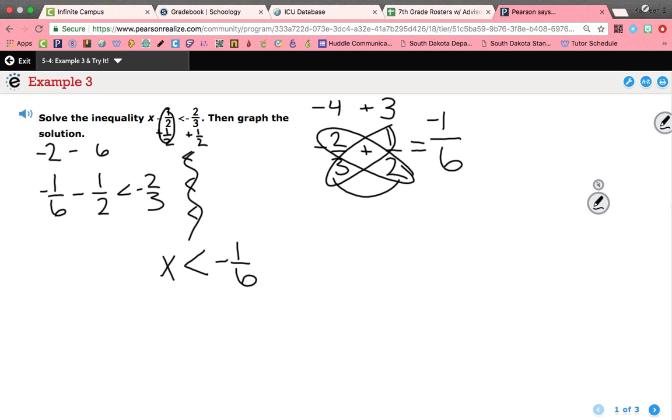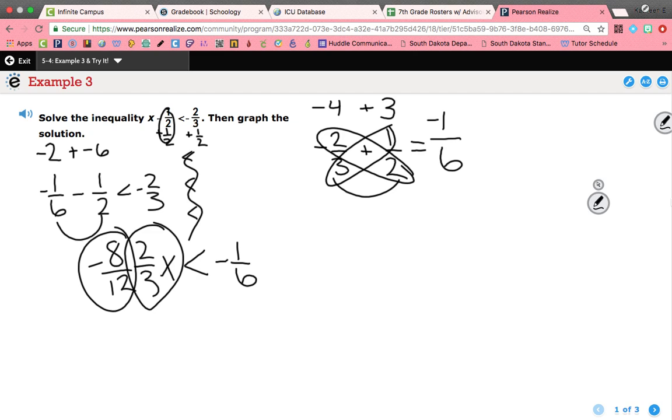Negative 2 minus 6 is negative 8/12. Okay, 4 goes into 8 twice, and 4 goes into 12 3 times. And it's a negative 8/12. Okay, so we checked that negative 8/12 is the same as negative 2/3, so we know we're right.